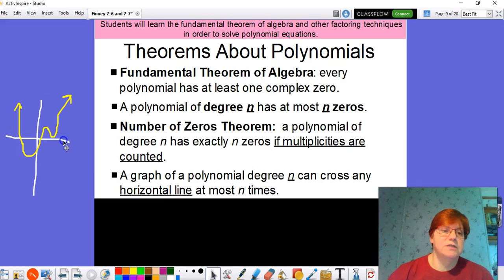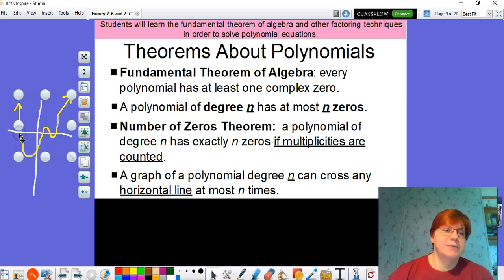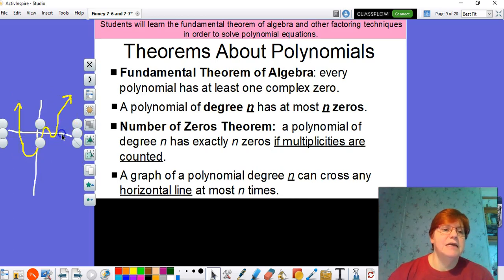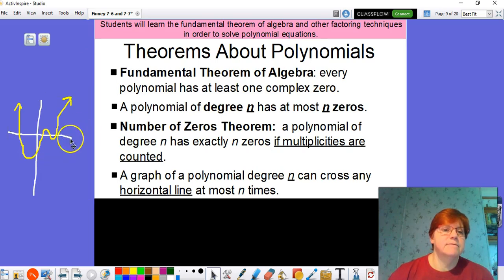So what's the largest number of solutions there could be? Well, there could be 4, because we're looking at where this crosses the x-axis. If we had the x-axis up here, it would cross once, twice, 3, 4 times. But our original equation started out down here.